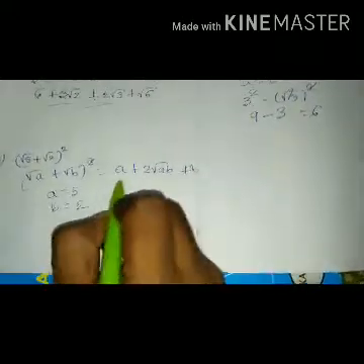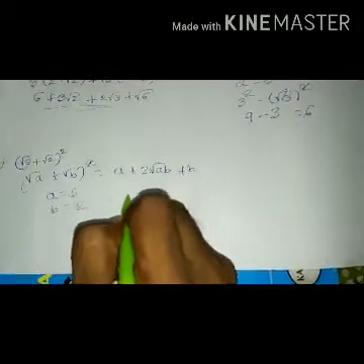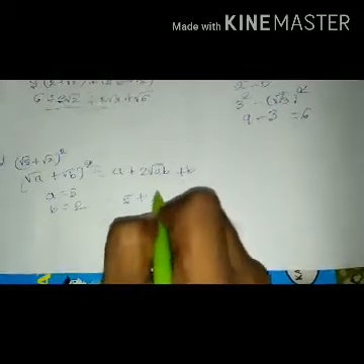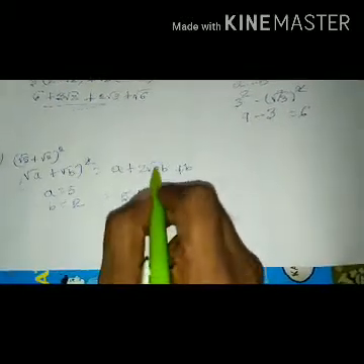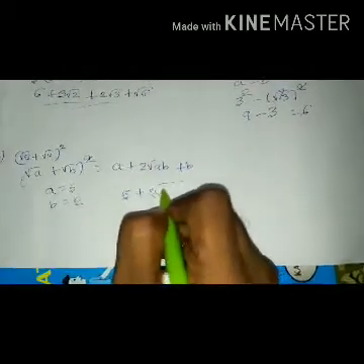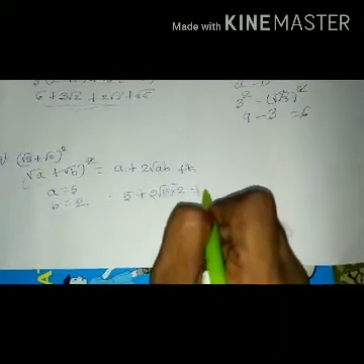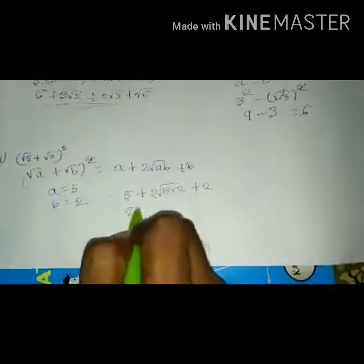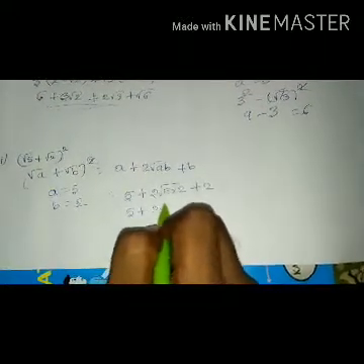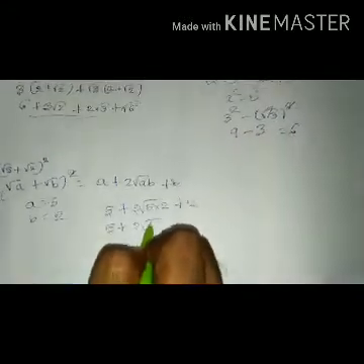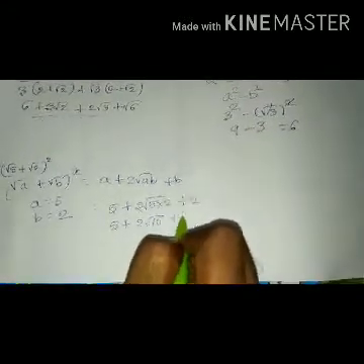So substitute these values in the identity. The value of a is 5, plus 2 into square root of ab, where a is 5 and b is 2, plus the value of b, which is 2. So 5 plus 2 into square root of 5 into 2, which is 10, plus 2.